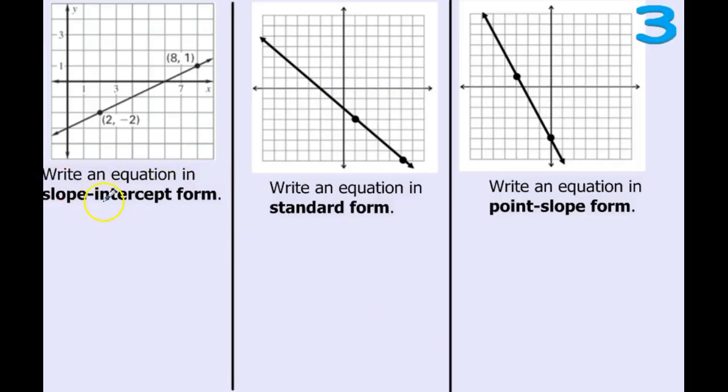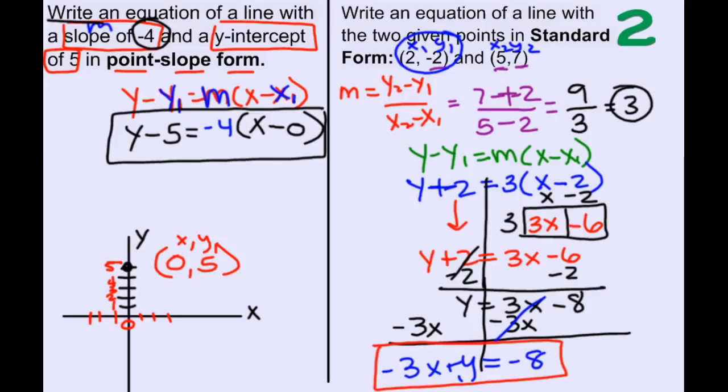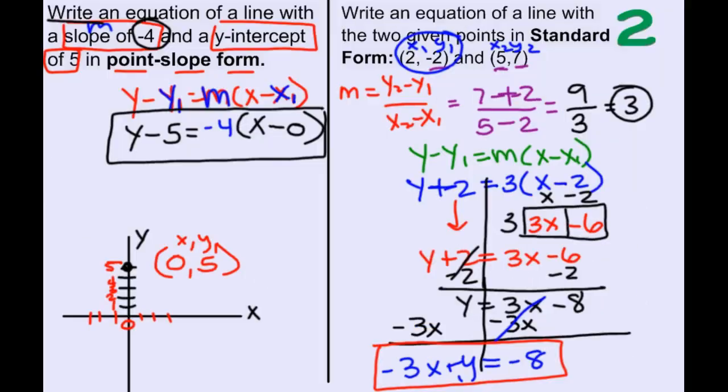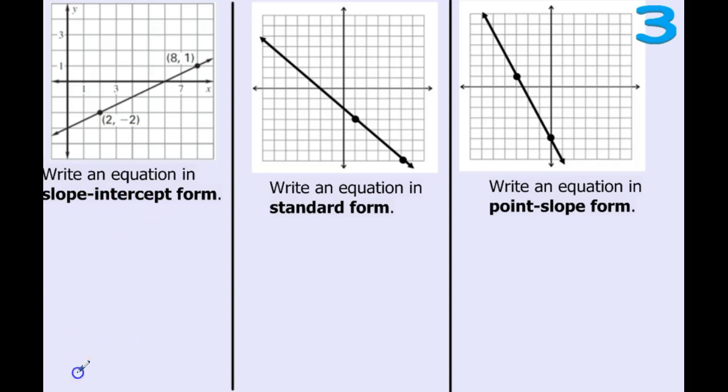Next it says write an equation in slope-intercept form. Slope-intercept form, again, I keep looking at my formula sheet, is this one here, y equals mx plus b. So I need an equation in the form y equals mx plus b. Well, I can find my m, or my slope, from 2 points. I'm just going to count rise over run.